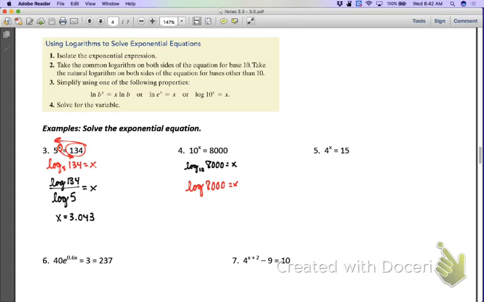And that just goes straight into the calculator by typing in log and then 8,000 and getting x as 3.903 or thereabouts.